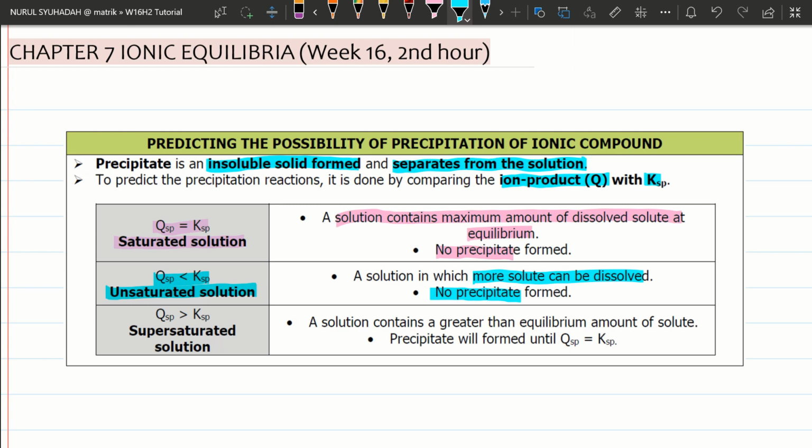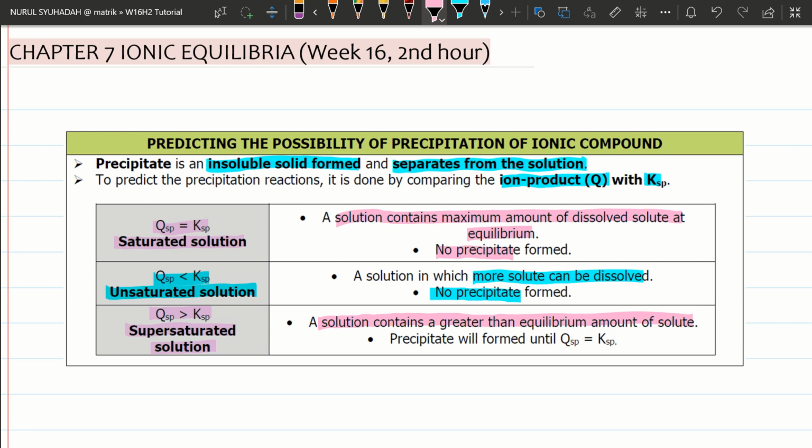Okay, and pada masa bila precipitate akan terhasil? When the value of QSP is bigger than KSP, which we call as super saturated solution. Okay, kalau saturated solution tadi, maximum amount of solid yang kita boleh larutkan, tapi belum ada precipitate. But when the value of Q bigger than KSP, which is our super saturated solution, maksudnya dekat sini, solution contains a greater than equilibrium amount of solute.